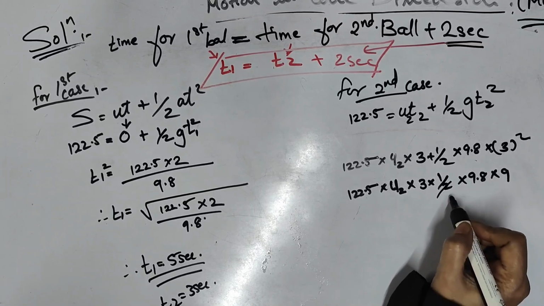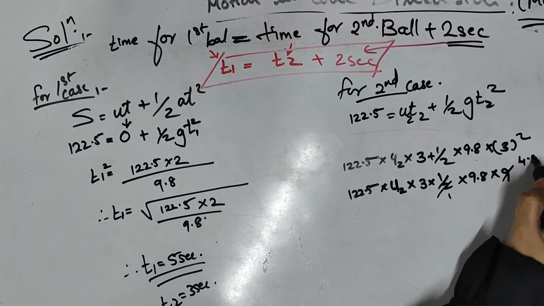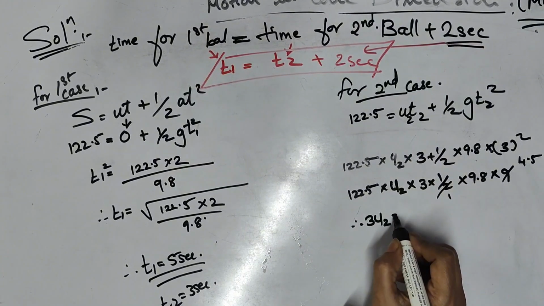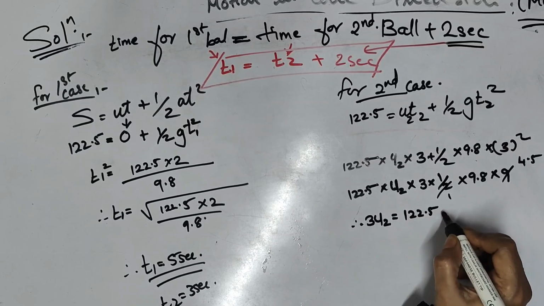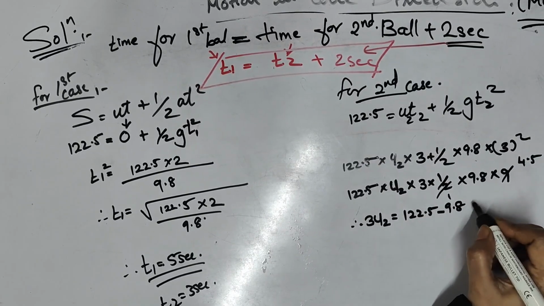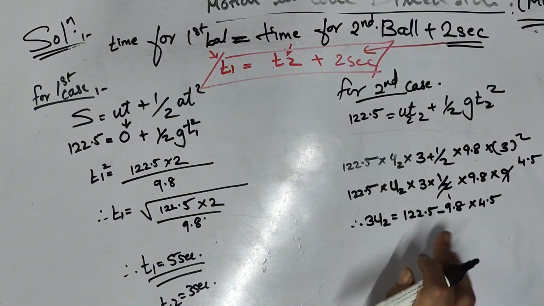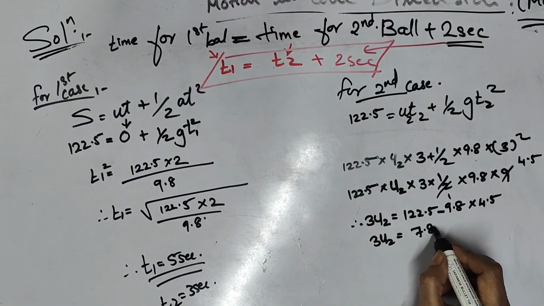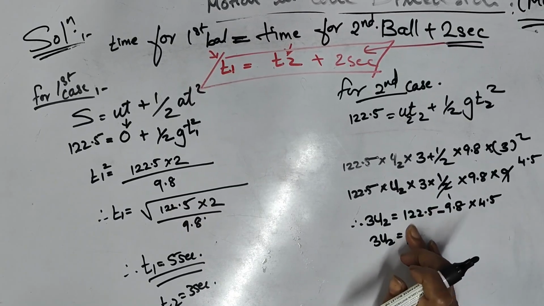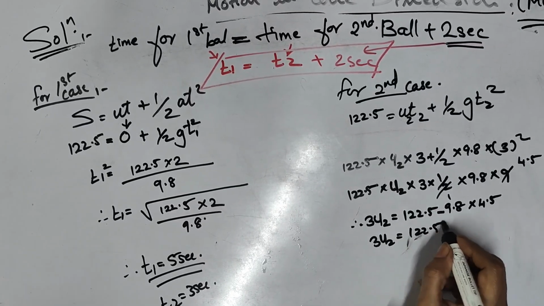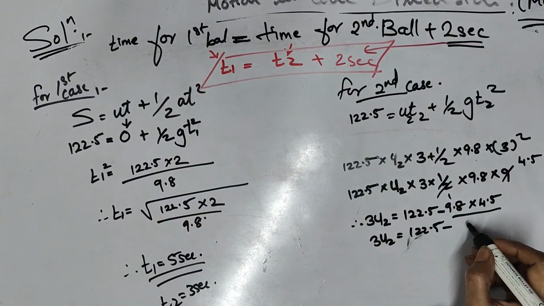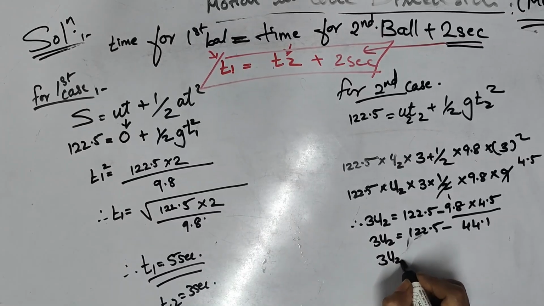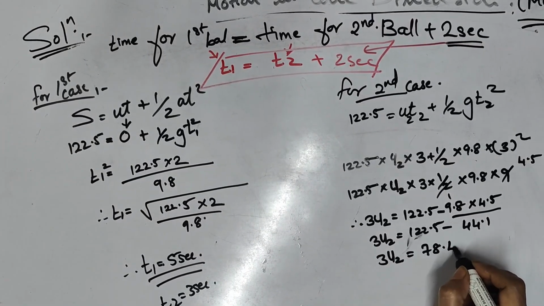Now this gets cancelled, 4.5. Therefore 3u2 is equal to 122.5 minus 9.8 into 4.5. So 3u2 is equal to 122.5 minus, when we multiply these things, we get 44.1. So 3u2 is equal to 78.4.